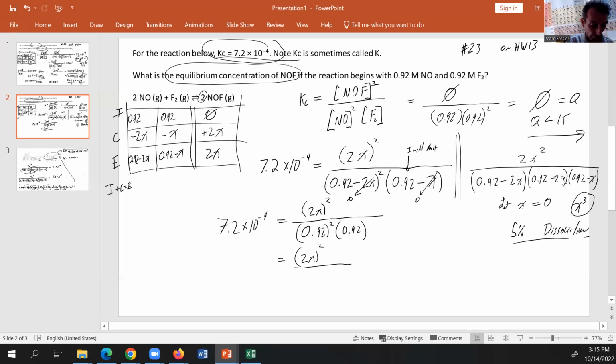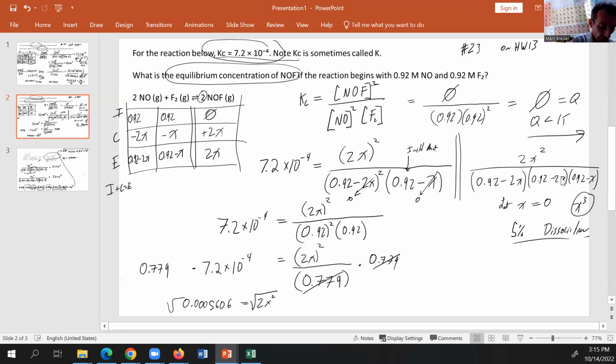Makes it a little easier to solve. 0.779 equals 7.2 times 10 to the minus 4, then multiply 0.779 times 0.779. And you get 0.0005606 equals 2x squared. Take the square root of both sides.